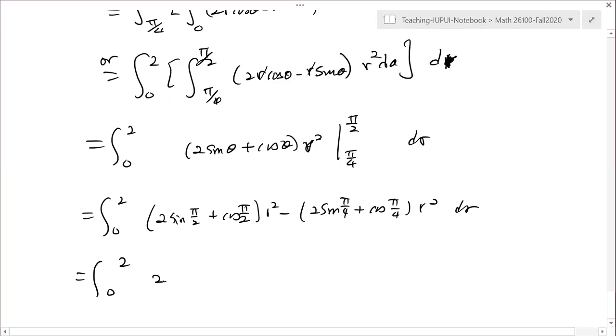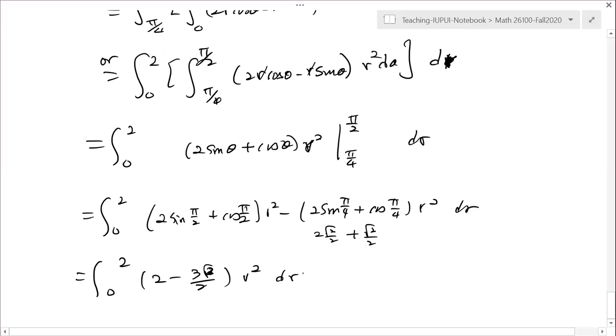Now the second one is going to be 2 square root 2 over 2 plus square root 2 over 2. So you have 3 square root 2 over 2. And this is just a constant.